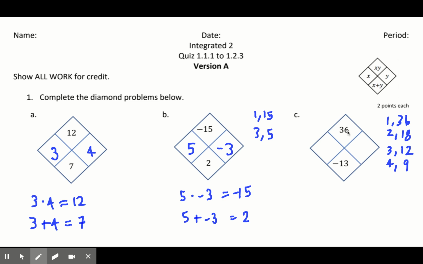The only way to multiply to a positive and add to a negative is if they're both negative, and then they act like a sum. So you want numbers that have a sum of 13, that's 4 and 9, so it's negative 4 and negative 9. Negative 4 times negative 9 is positive 36, and negative 4 plus negative 9 is negative 13.